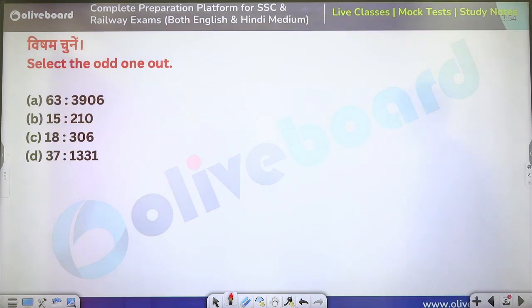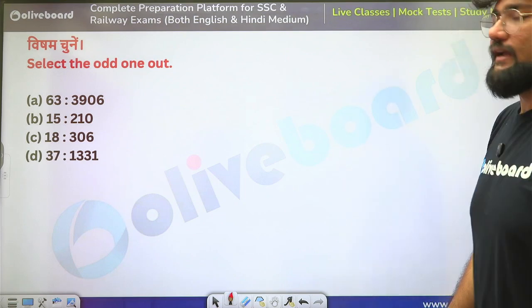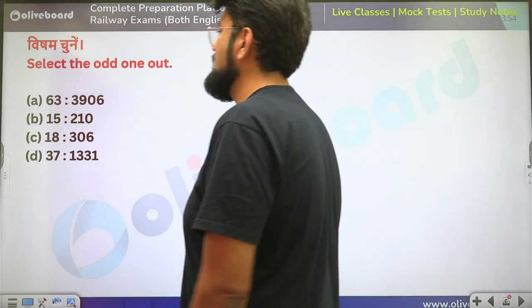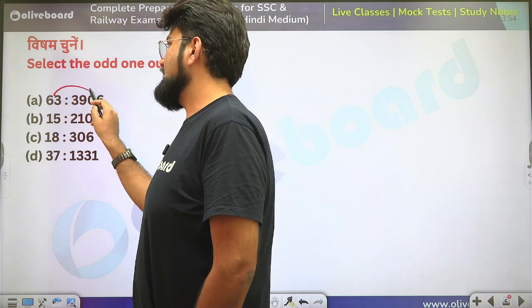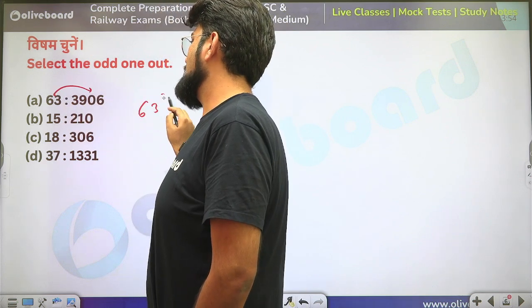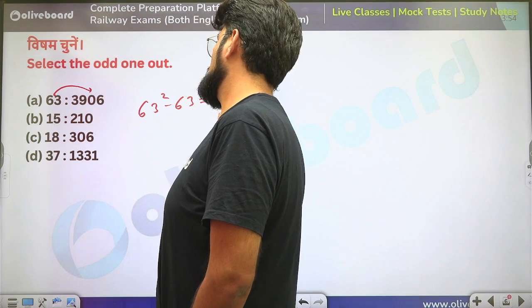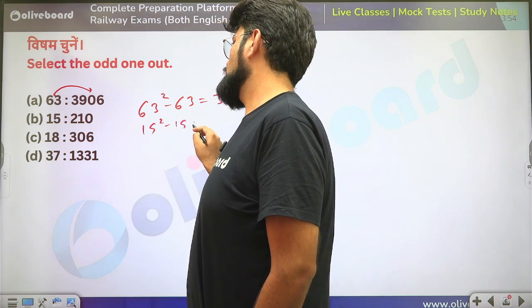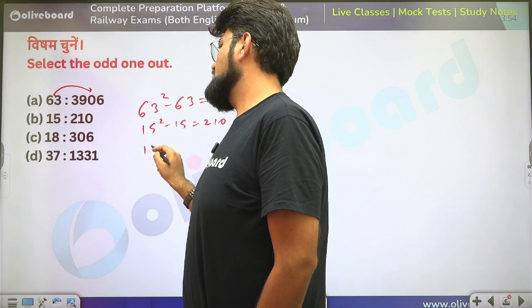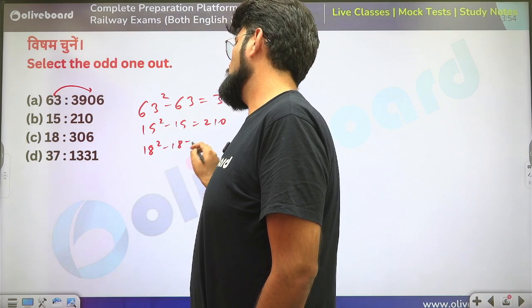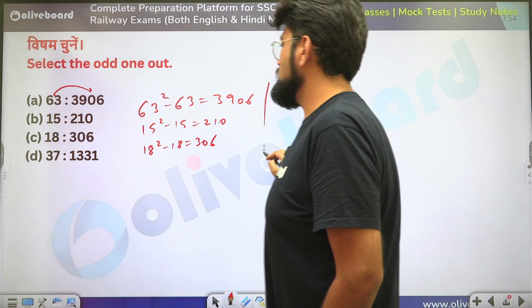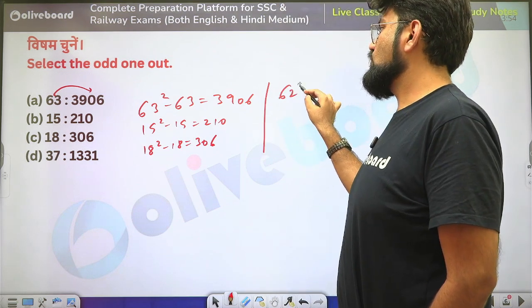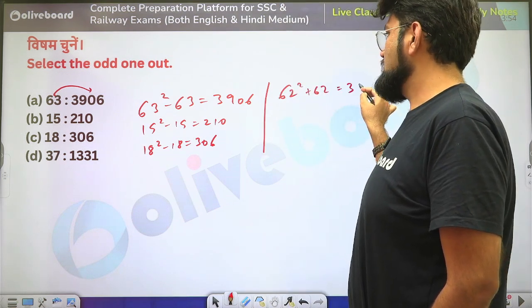Okay. Next. In this case, if you are aware, you will quickly get the answer here. 63 square minus 63 is 3906. Here 15 square minus 15 is 210. Here 18 square minus 18 is equal to 306. Now you can also observe this as 62 square plus 62, that is also 3906.